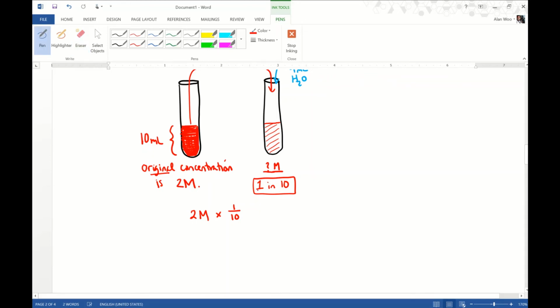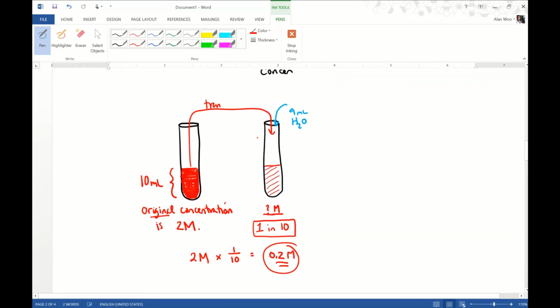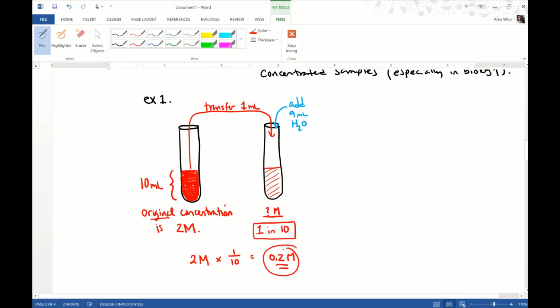So right now it's 1 over 10 because it's a 1 in 10. So if I take 2 times 1 divided by 10, that gives me 0.2 molarity. That is the concentration of my second test tube. Okay, it is 10 times more diluted than the original.